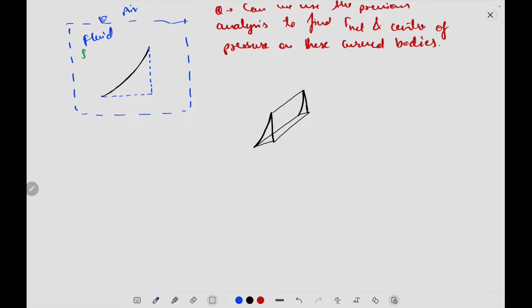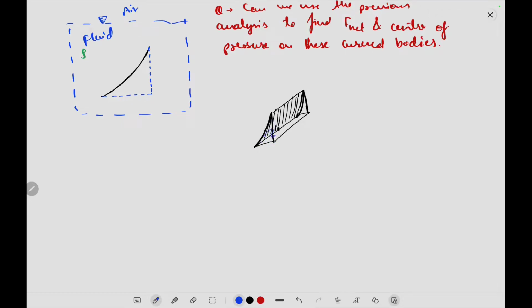So what we have done is, let me just draw it in black. So this part was my actual curved surface. Now what I have done is I have created extra surfaces.